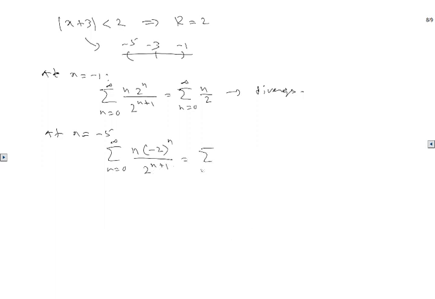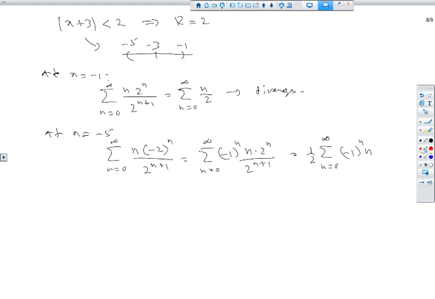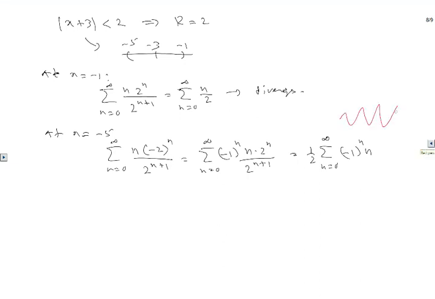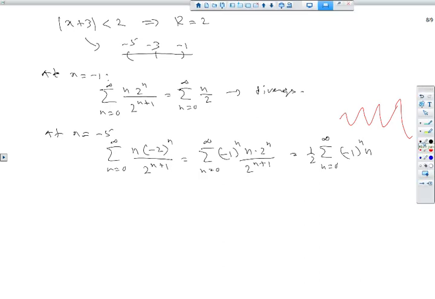You can pull the -1 to the n out, and then we have 2 to the n over 2 to the n plus 1. You can see the 2 to the n gets cancelled, you only get 1/2. It's always a good idea to take it out. So it's -1 to the n times n over 2. It's again going to fluctuate, the numbers go like that, so it diverges. This one also diverges.